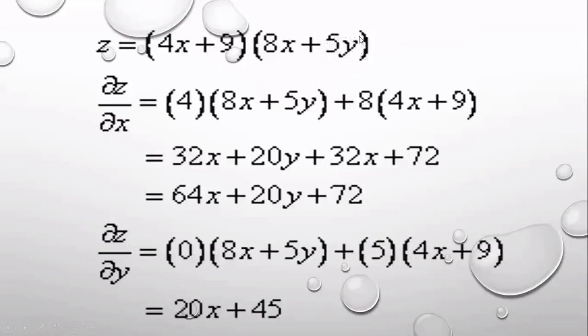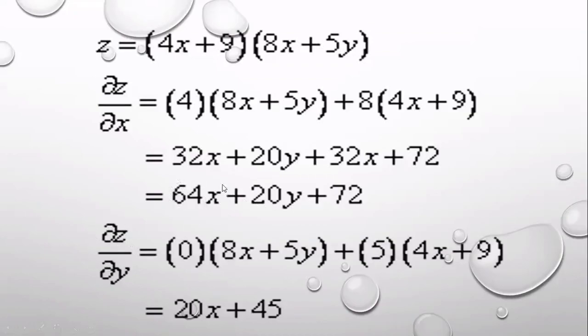If you do x, 5y is a constant, out, 8x should be 8. Right? If you do that, 64x plus 20y plus 72, so here you see the x and y components have influence on the result.